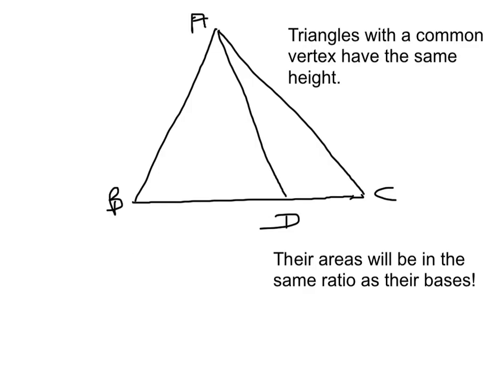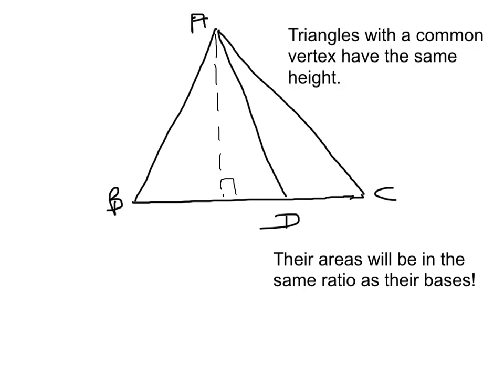A similar scenario is where you have two triangles that share a common vertex. That's the common vertex that I'm talking about here. These two triangles have got bases BD and DC, and the reason they have the same height is that it comes from A, perpendicular to the base.